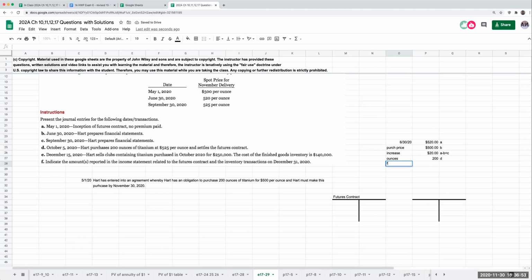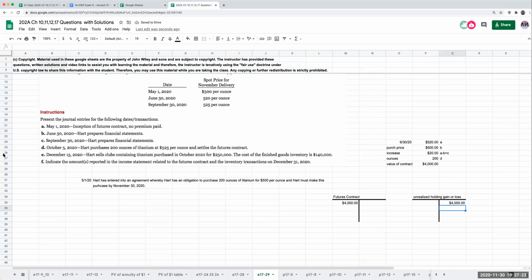So the value of the contract is going to be 4,000. I would debit the futures contract for 4,000 because I have not purchased anything yet. This is going to be an unrealized holding gain or loss, for 4,000.